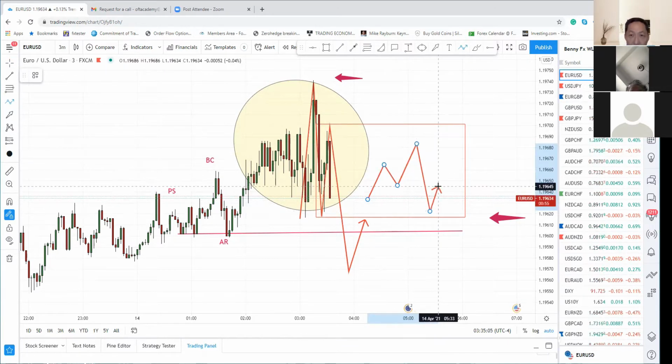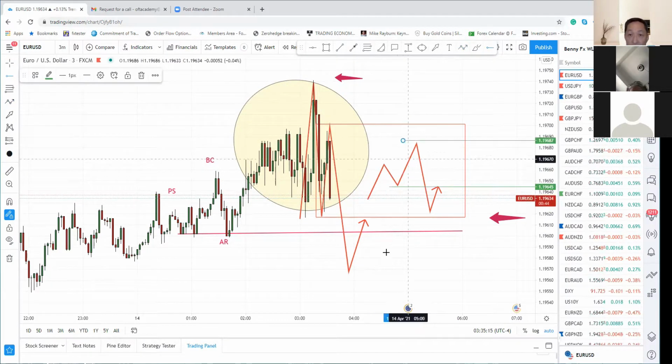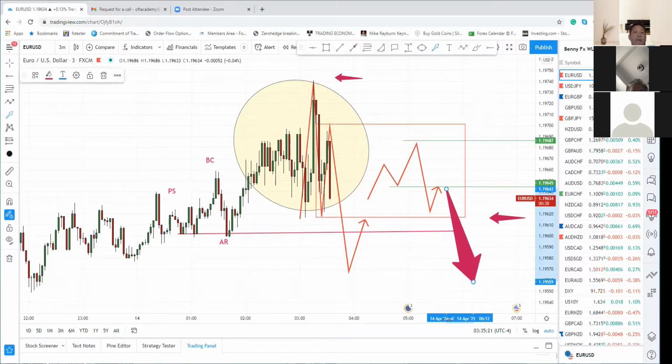Once the price pulls back, you can sell. Your sell is here. Your stop loss is here. Then we can expect the price to hold on.